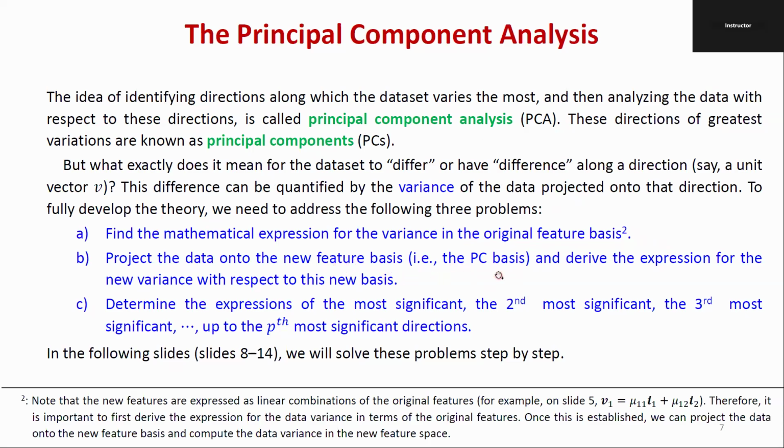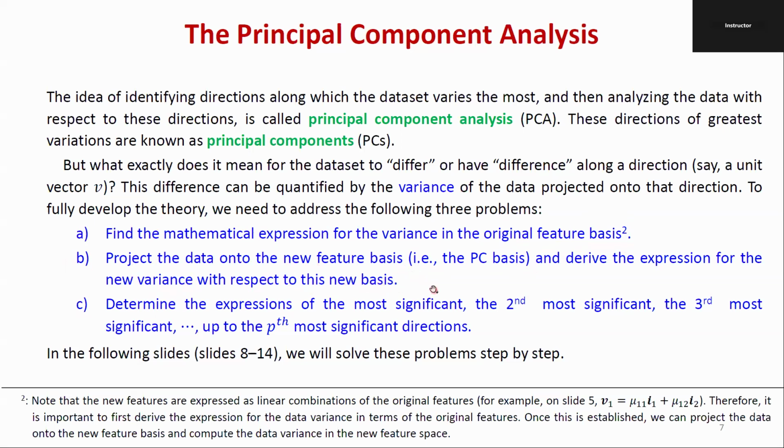In this new feature basis, what is the data? And correspondingly, what is the new variance? In other words, I'm going to first find the expression of the variance in the original feature basis. Then I will project the data onto the new feature basis, the PC basis, and then I will calculate the new variance with respect to this new basis.